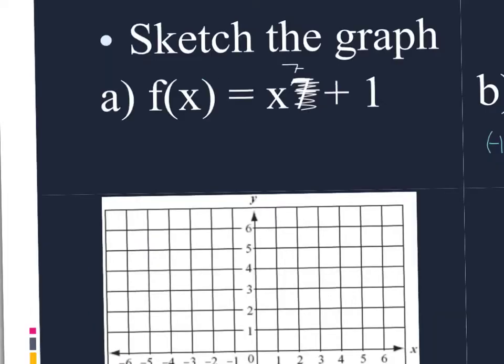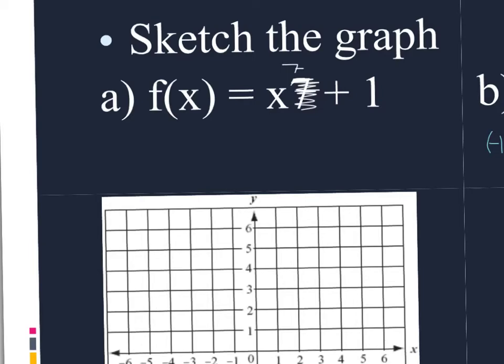In this example, it says sketch the graph for f of x equals x to the 7th power plus 1. Based on what we said a moment ago, this is going to resemble the cube function. If this said x to the 3rd power plus 1, how did that graph move? Up 1, right?